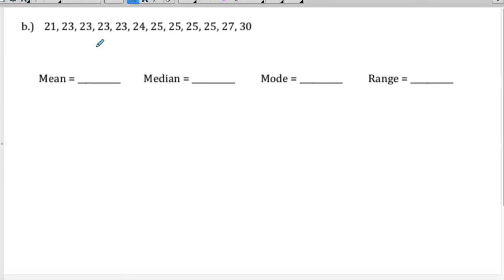All right, again, if you're not done with all 4 of these, go ahead and hit pause. But if you are done, here we go.